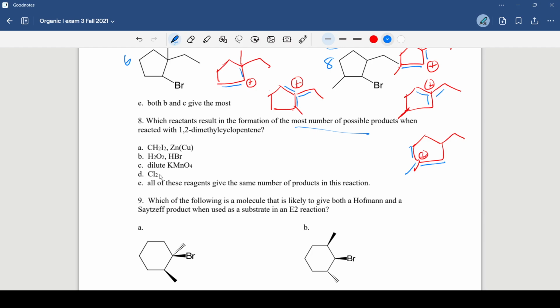So most possible products. So this one is... okay. If I look here, this one only makes the cis product. This one also only makes cis product. This one makes trans product.